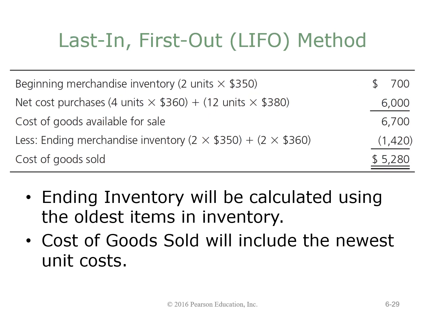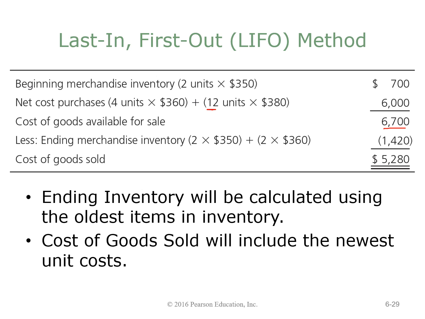Okay, on last in, first out, the same 2 by 350, which is 700, 4 units 360, 12 units 380. This is the total. It does not differ among the different approaches under the periodic. Whenever we are going to calculate the ending inventory, we are last in, first out. I'm selling from here.